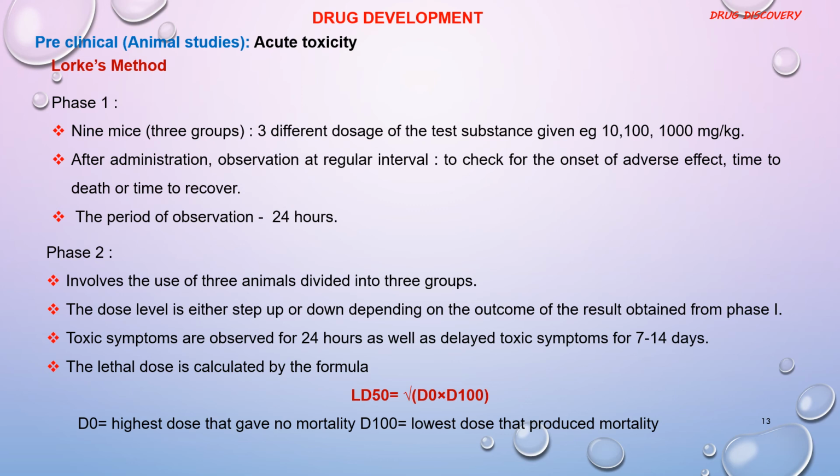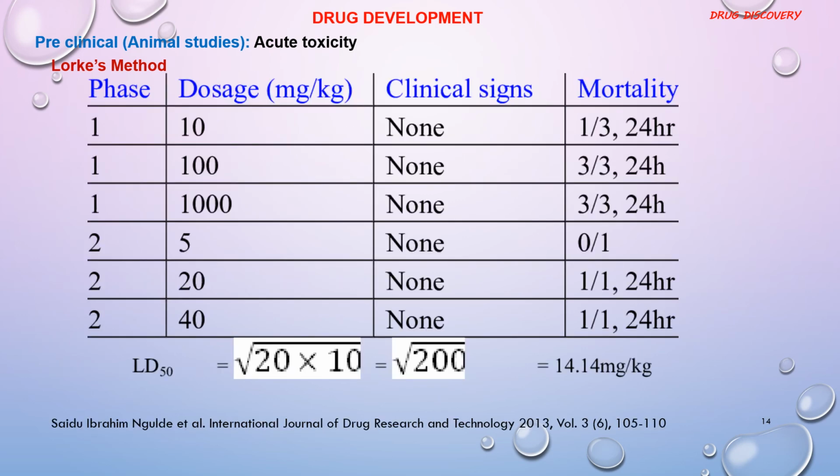The dose level chosen could be either step up or step down depending upon the results obtained in phase 1. The toxic symptoms are observed for 24 hours as well as delayed toxic symptoms are monitored for 7 to 14 days. The lethal dose is calculated by the formula given below. The table here shows the calculation of LD50 value by Lorke's method.